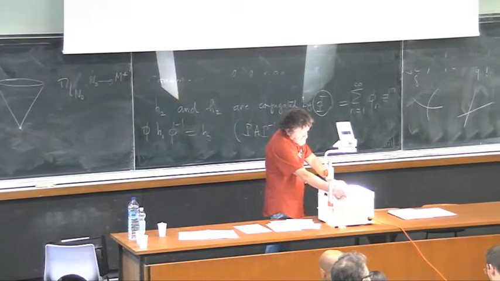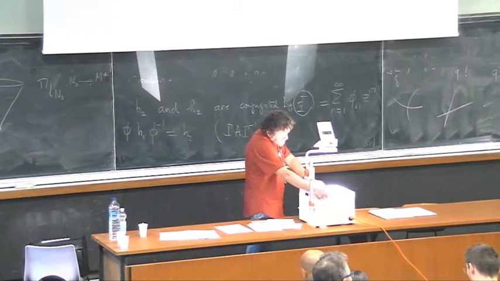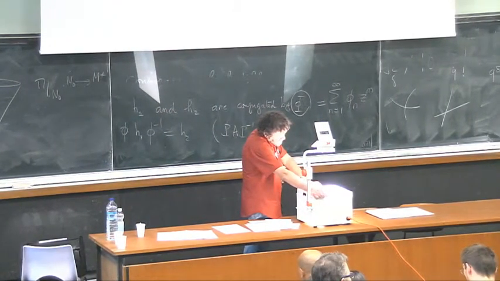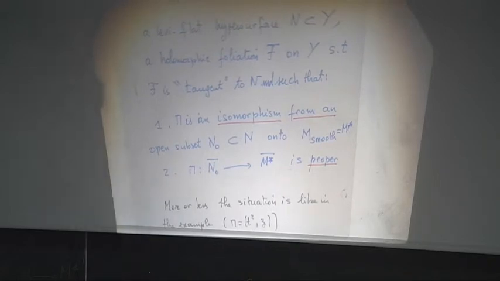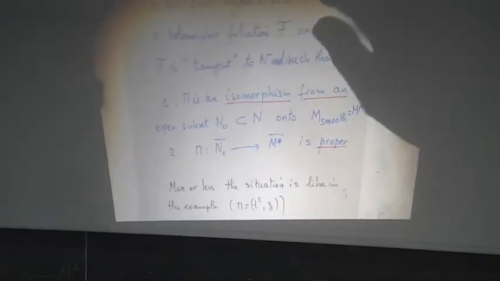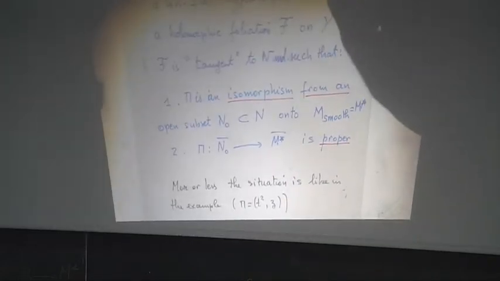And there is a condition which says that the restriction of P to the closure of this open subset is a proper map. And more or less it is the situation of the example of the Whitney umbrella, something like this.